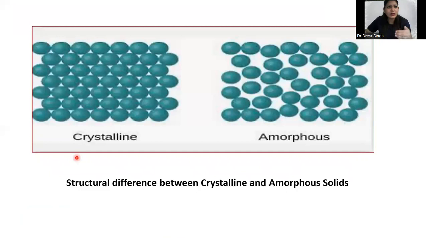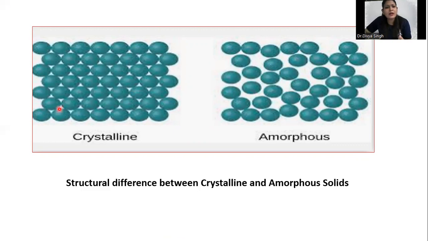If you really want to go into the depth of understanding how the molecules or particles are arranged in the structure, we can look into this diagram. We can see crystalline solids. In crystalline solids, the molecules or particles are regularly arranged in an ordered manner in every layer of the solid.